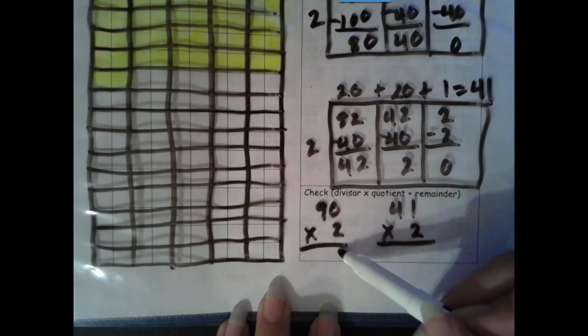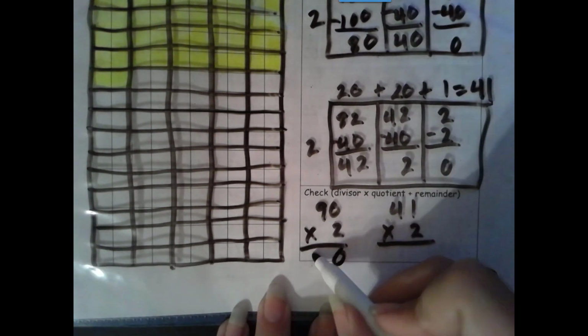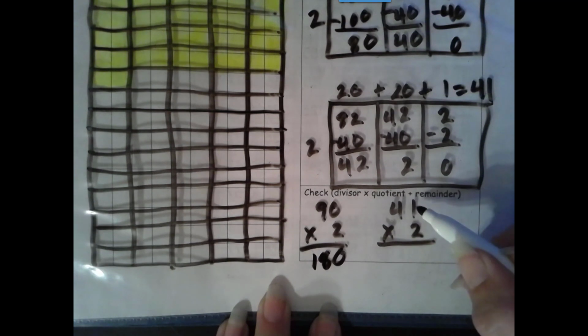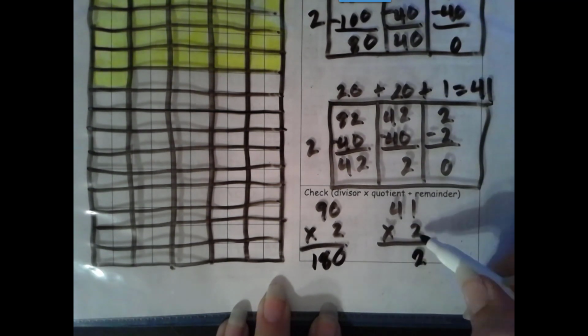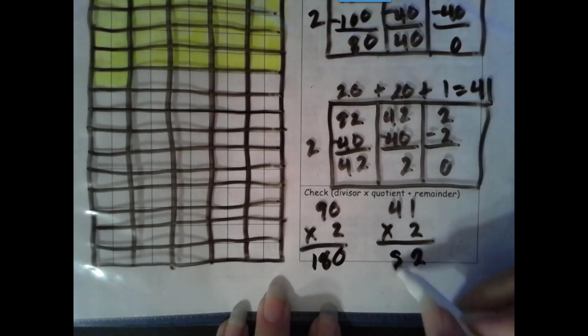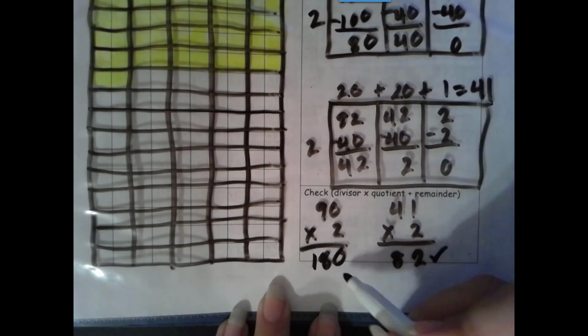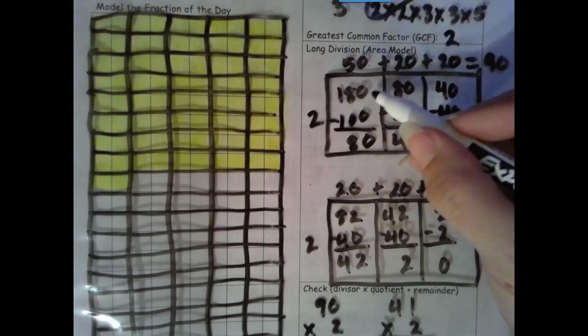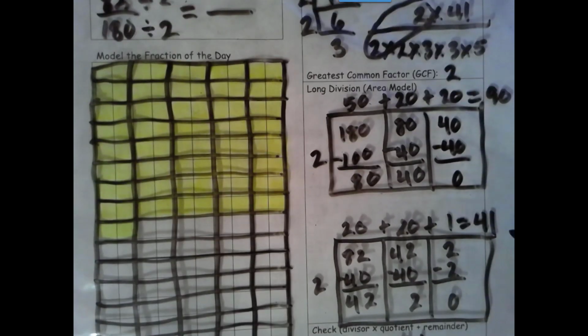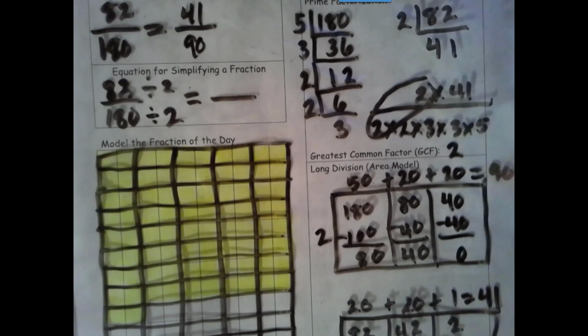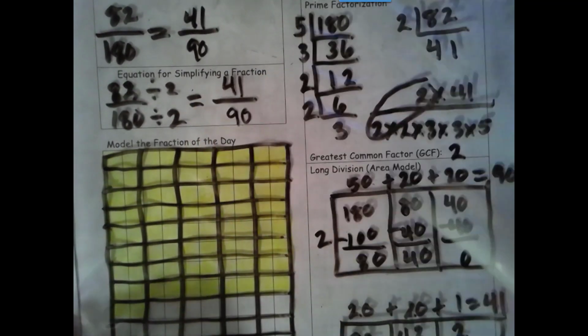So 2 groups of 0 is 0, 2 groups of 9 tenths is 18 tenths, 2 groups of 1 is 2, 2 groups of 4 tenths is 8 tenths. 82, that checks. 180, that checks with our dividend here. So our numerator is definitely 41, and our denominator is definitely 90.